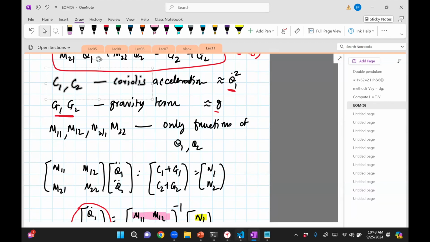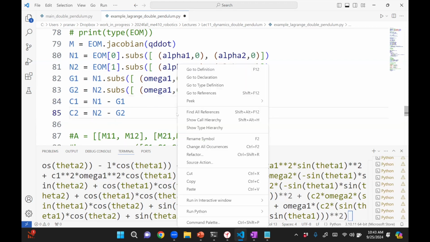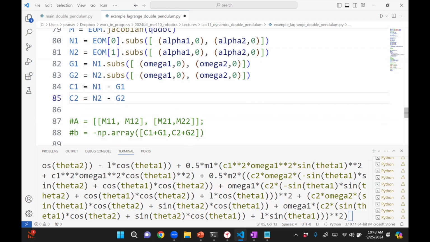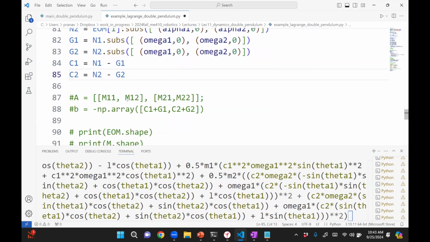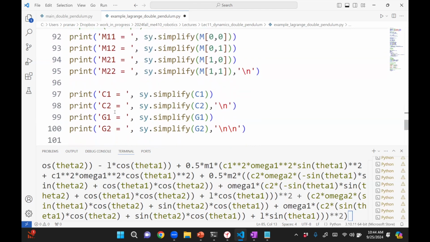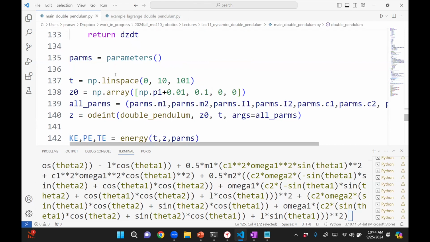That's the trick behind getting N1, N2. Then if you want to find G1 and G2, you put velocity 0, because remember that gravity terms don't have velocity, so you get G1, G2, and then C1 is just N1 minus G1. So this basically gives you M11, M12, M21, M22, C1, C2, which, by the way, I'll copy paste into the second part of my code, which does the animation.